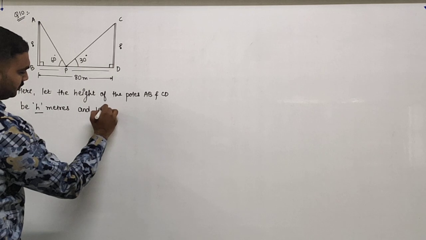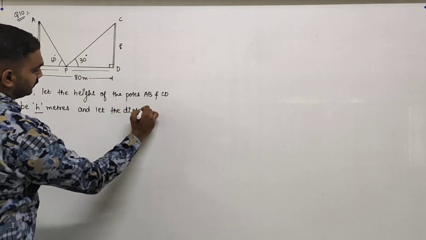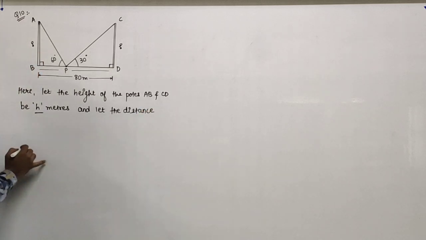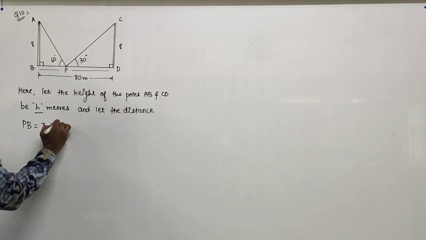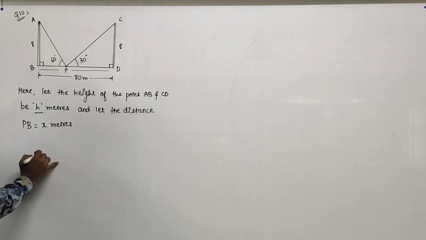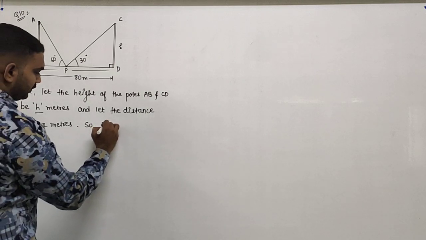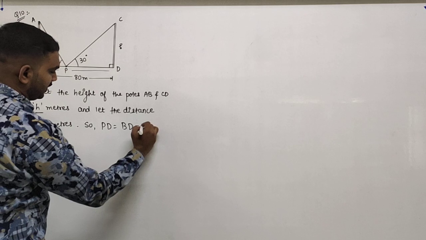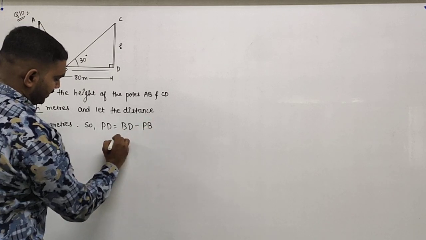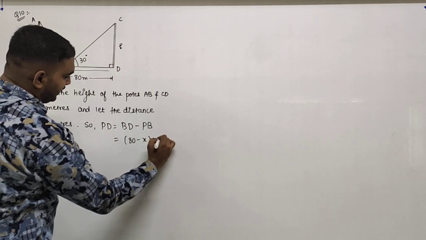let the distance PB be equal to x meters. So PD is equal to the total distance BD minus PB, which is equal to 80 minus x meters.